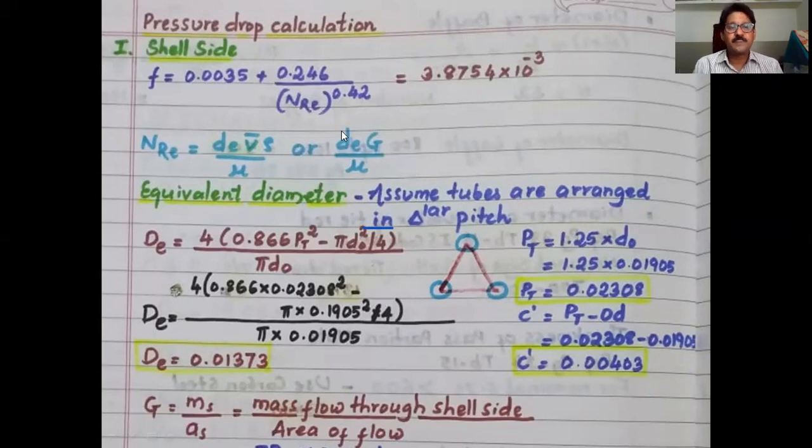So please all of you do it. Write cell side pressure drop calculation. Number 1 is cell side. Friction factor is equal to 0.0035 plus 0.246 NRE to the power of 0.42. When you are doing the pressure drop calculation for the cell side, please take the value from the cell side heat transfer coefficient. Any question?